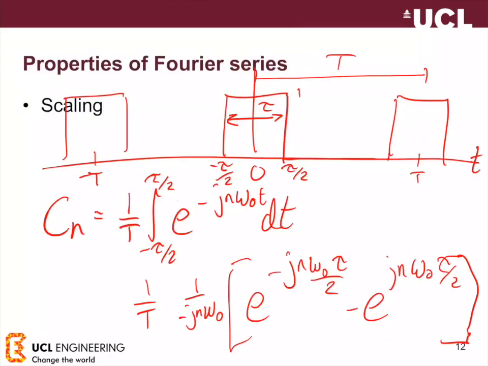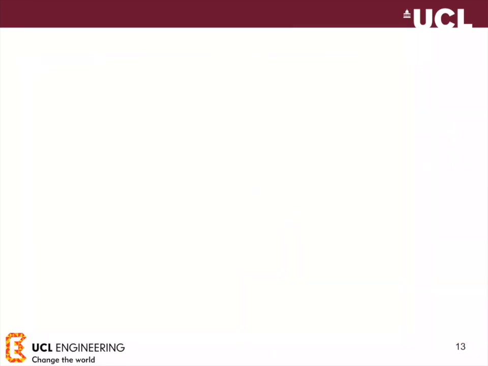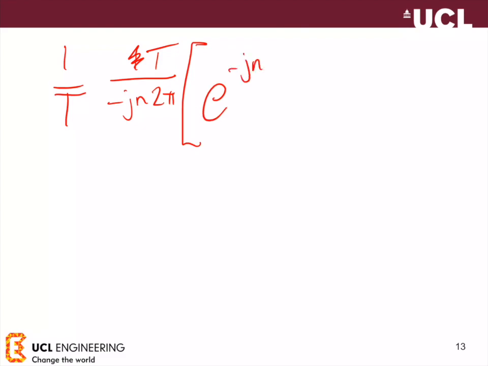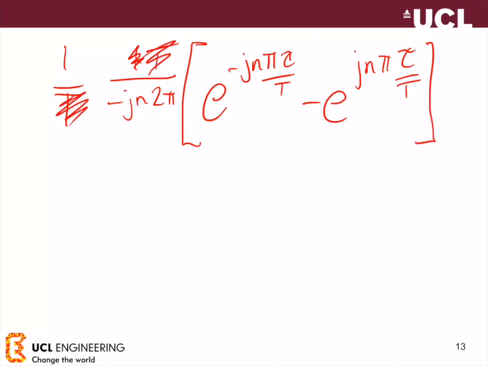So when we get to that point, we can then substitute in for big T, and so we will end up with 1 on T, 1 over minus j n, we put 2 pi on big T on the top for our omega naught, and e to the minus j n pi tau on big T minus e to the j n pi tau on big T. These T's will cancel out, which is handy.